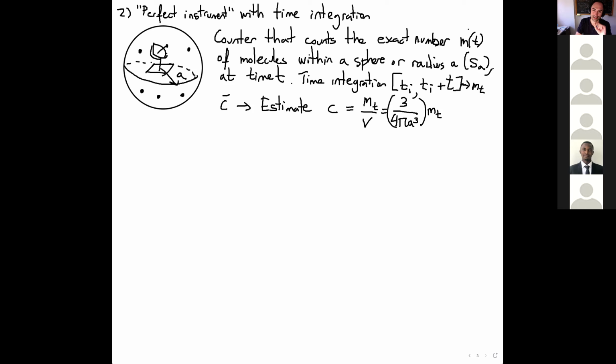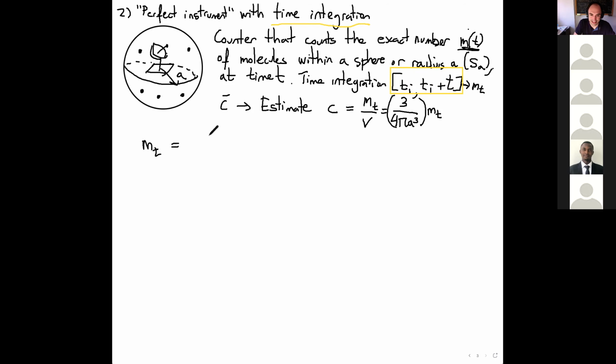What I'm doing, and this is important, is that I am measuring in this interval, and I can measure at all times in the interval. This is what is called time integration. So the cell can do the following: mt, which is a time integration of the instantaneous value.